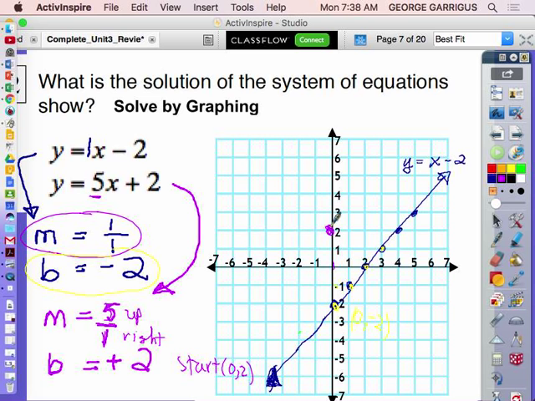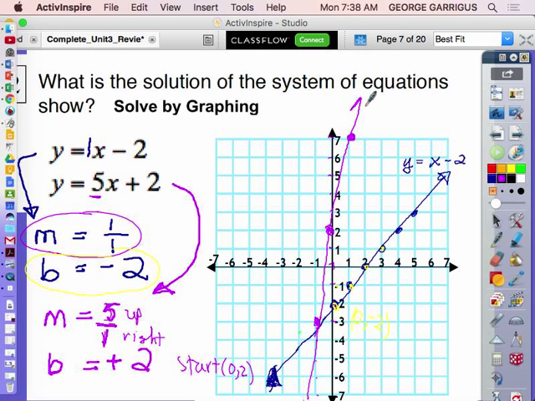And we rise 5. It's positive. So it's up 5. 1, 2, 3, 4, 5. Run 1. Put a dot. And we can also go down 1, 2, 3, 4, 5, and left 1. I went a little bit off the page.